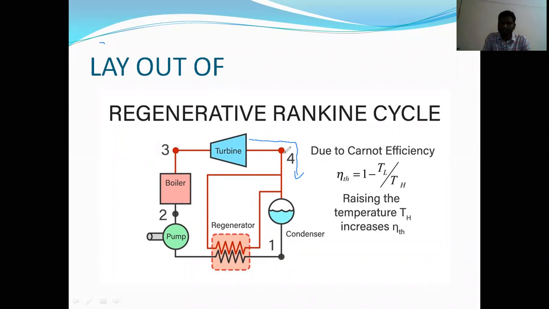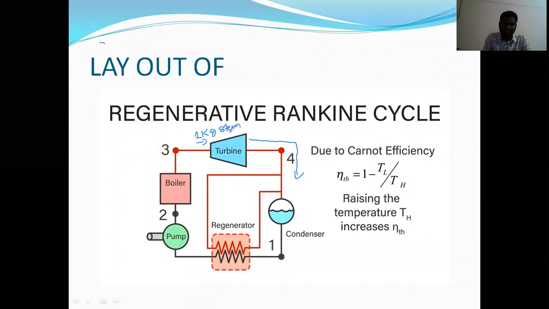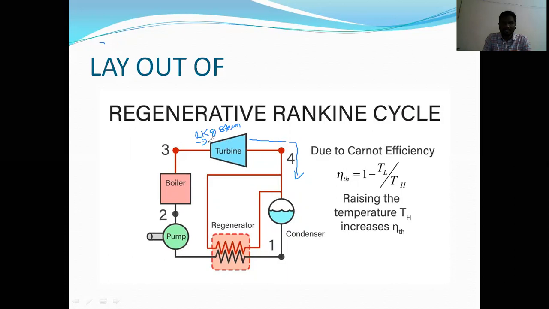For example, for the calculation, if you are supplying 1 kg of steam to the turbine from the boiler, the 1 kg of steam expands in the turbine, and the total 1 kg of steam will go to the condenser in the basic Rankine cycle.